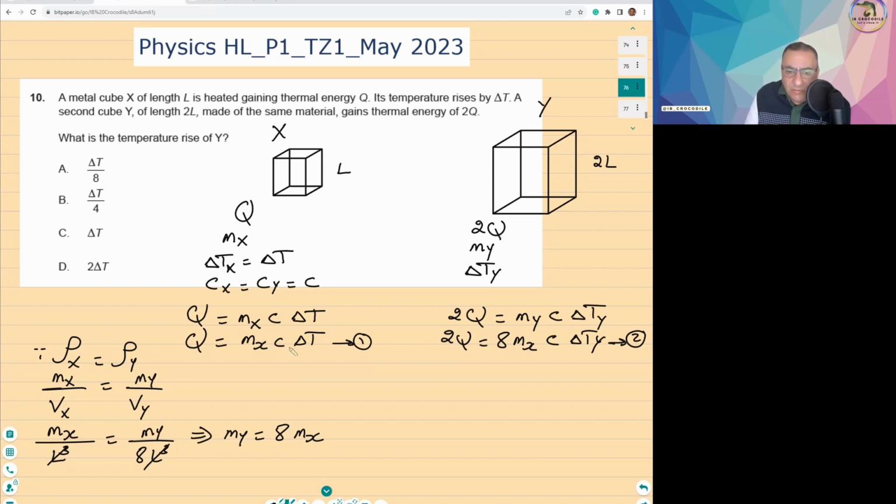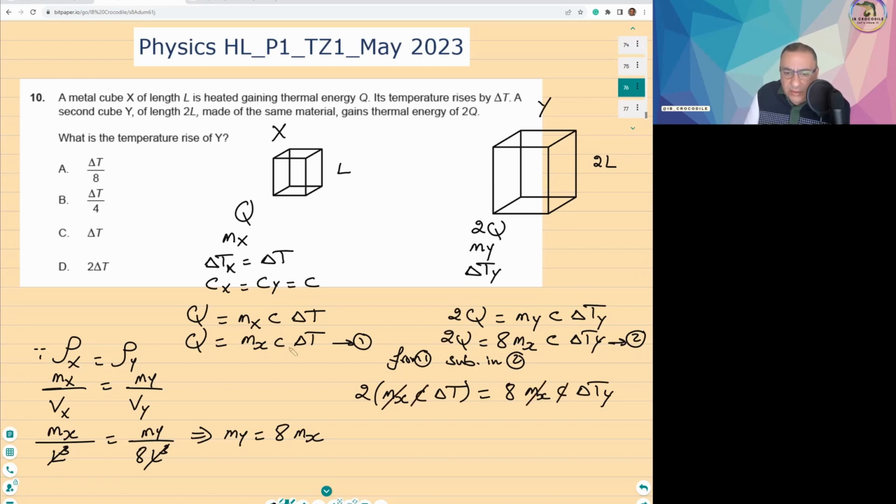So by substitution in equation 2, 2 times mx c delta T equals 8 mx c delta T Y. Now I can cancel mx with mx and c with c.